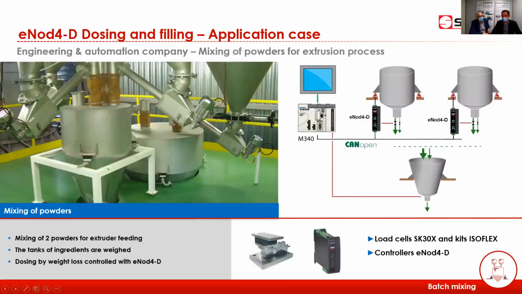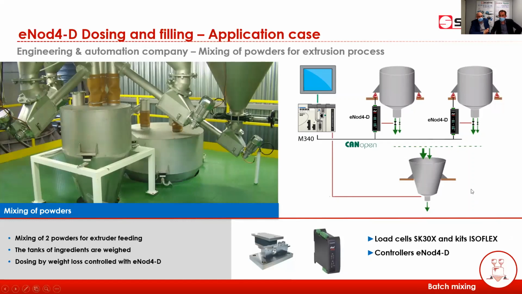Thank you, Olivier. So here we have a second application case related to the use of eNod4 controllers. The application is very different in this case. It is linked to the mixing of 2 powders for an extrusion process.